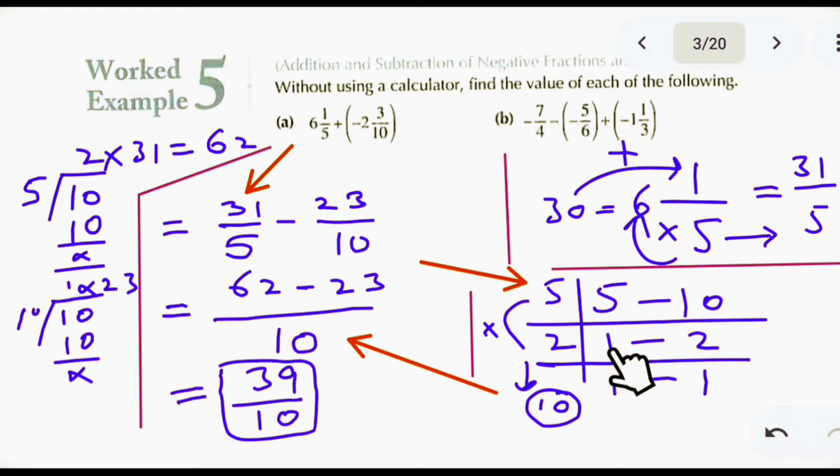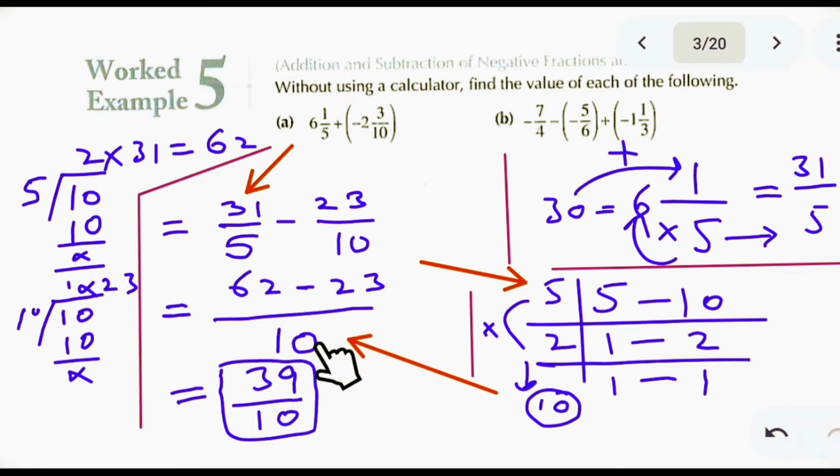Now again 1 will be put down here, and the next 2 is written here. These are the two numbers and these will be multiplied to get the LCM. 5 into 2 is 10, and it will be written under this. So this is how we find the LCM.